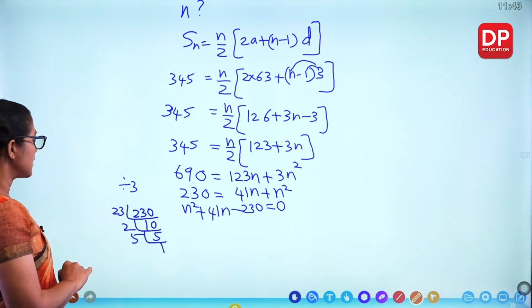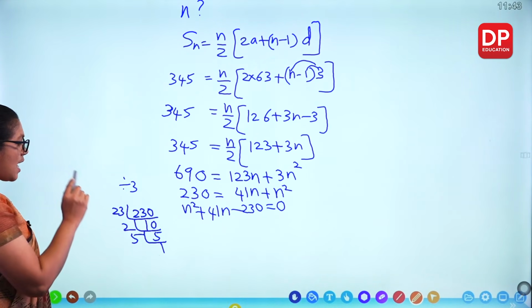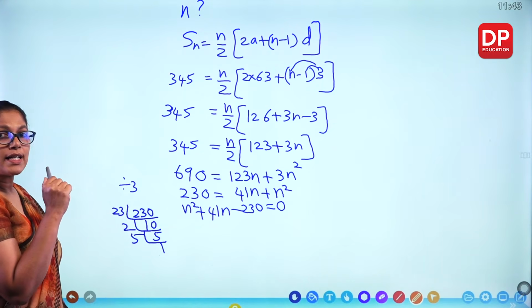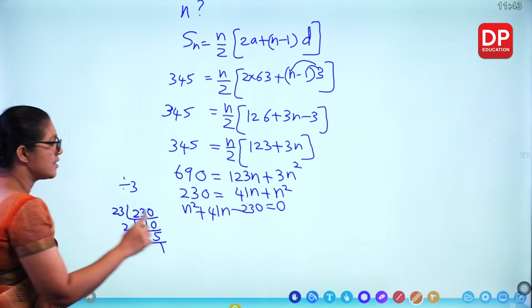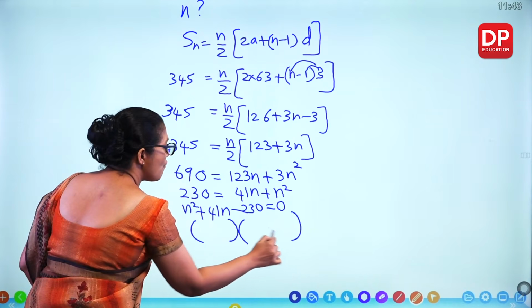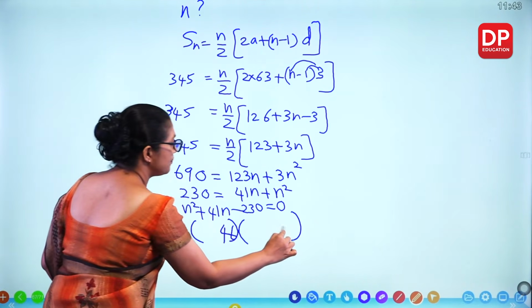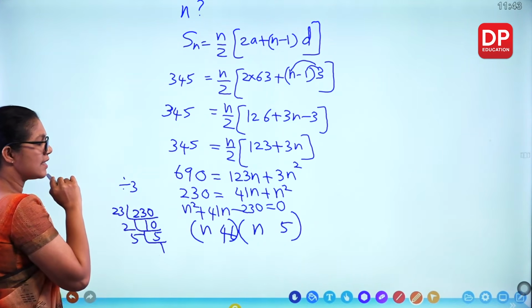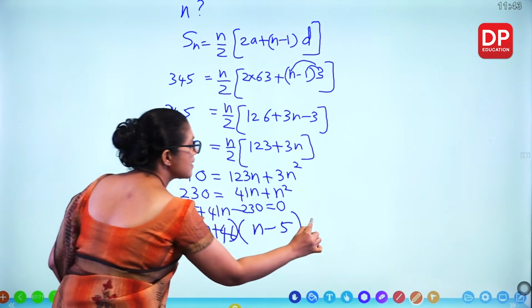So what are the factors to get this one? 23 times 2, you get 46. 46 and 5, you get 41. So factors are 46 and 5. What's the sign? This is plus 41, this is plus and this is minus.